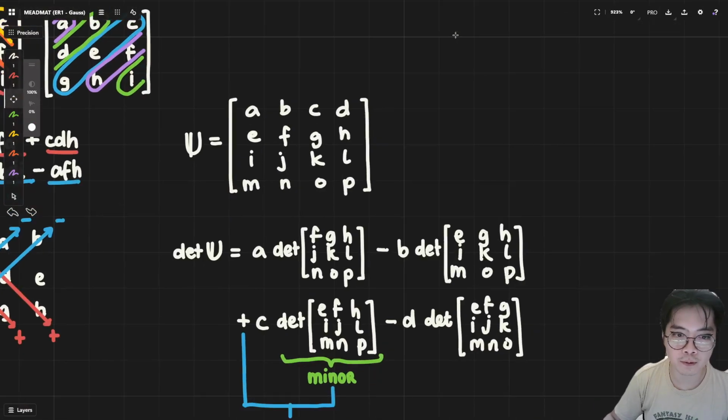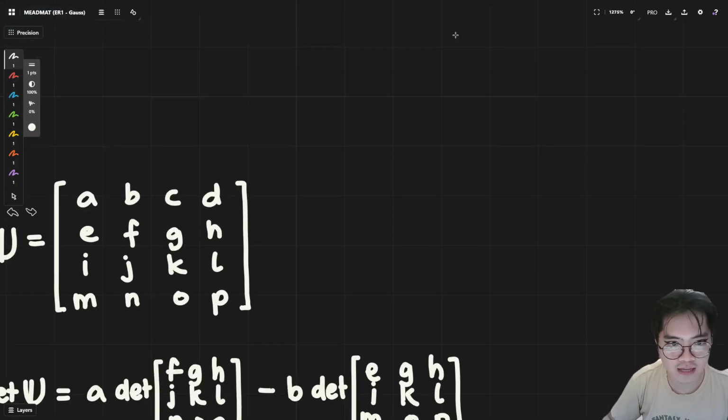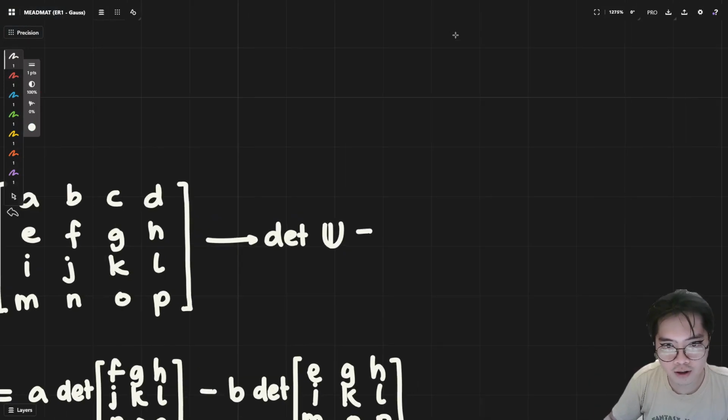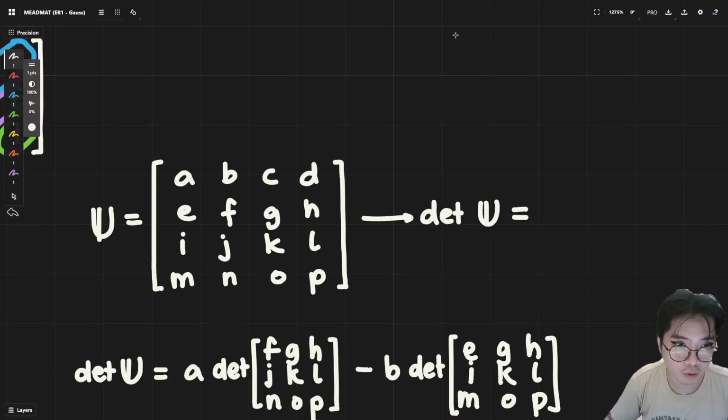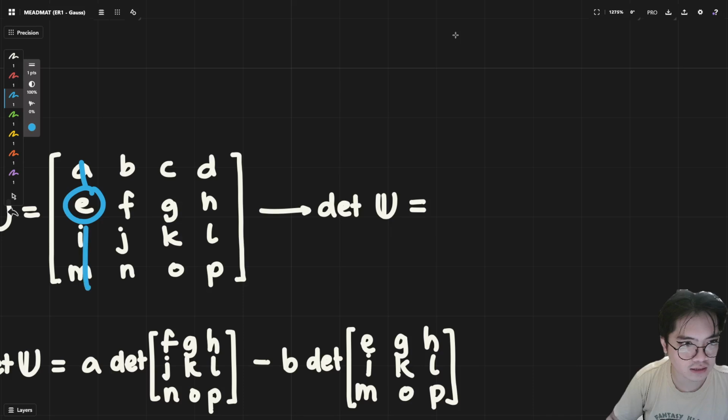Say, for example, what if instead of choosing this row A, B, C, D, we chose E, F, G, H instead? We would get a different computation. Say we want to get the determinant of U through another row. We pick E and then we cancel everything out.